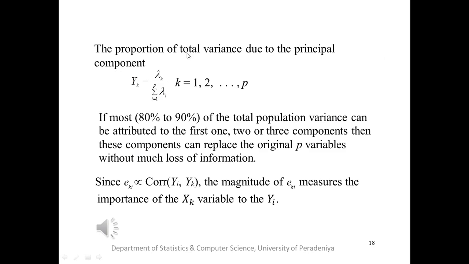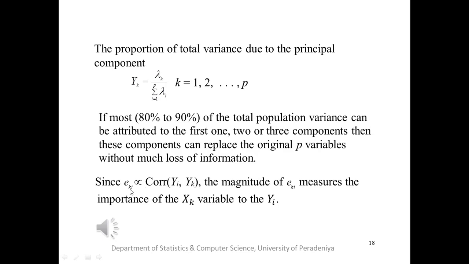To find the proportion of total variance due to each principal component, we can use their variances and the total population variance. For example, the proportion of total variance due to the principal component yk is lambda k divided by the sum of lambda i. After finding these proportions, if 1, 2 or 3 principal components together represent a high percentage, then we can use them to replace the original p variables without much loss of information.